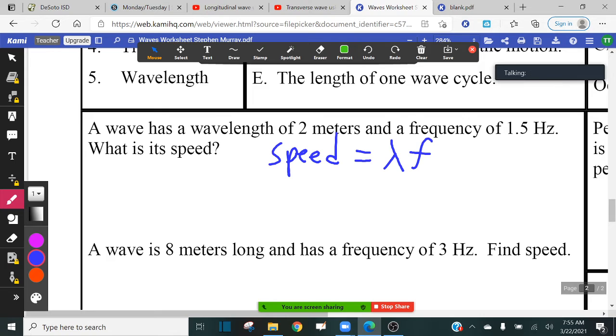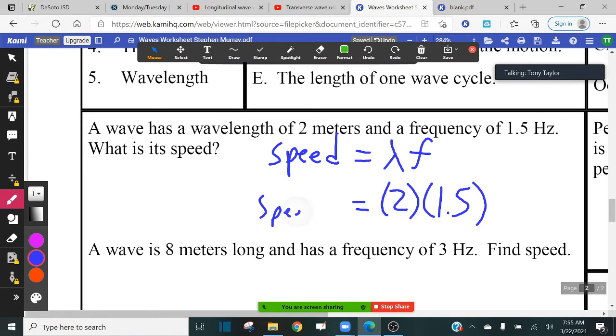We know the wavelength is 2 meters. We know the frequency is 1.5 hertz. If you take 2 and multiply by 1.5, you're going to get 3 meters.